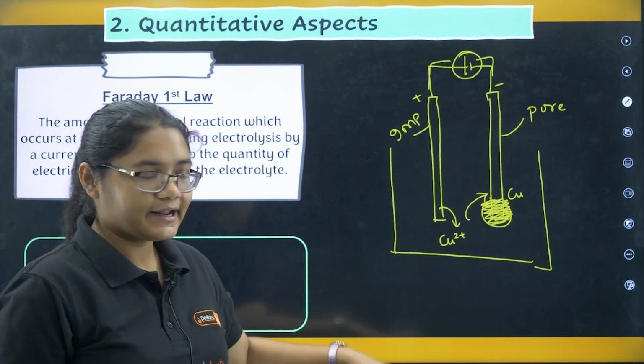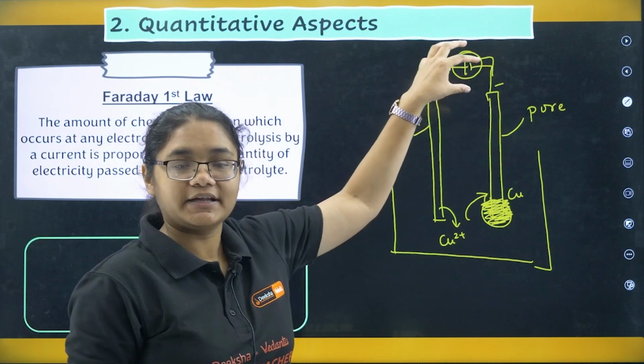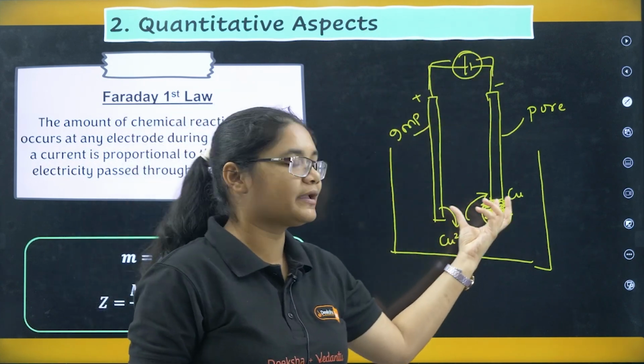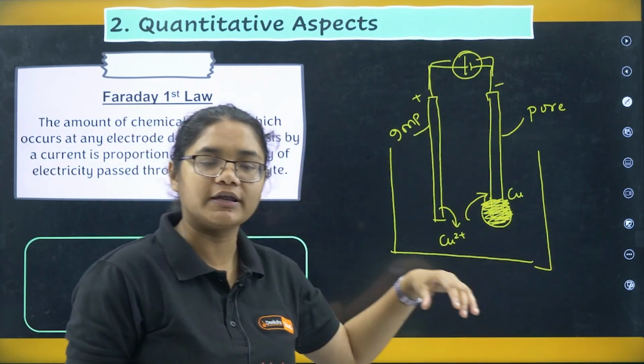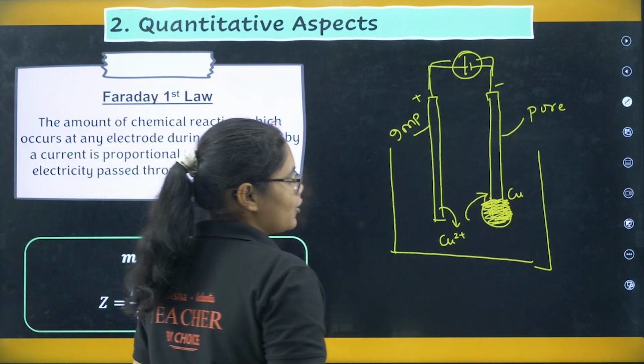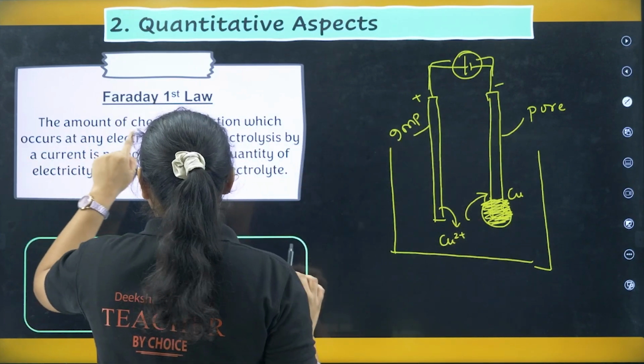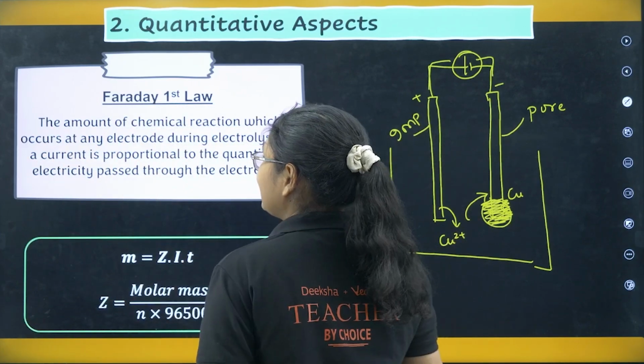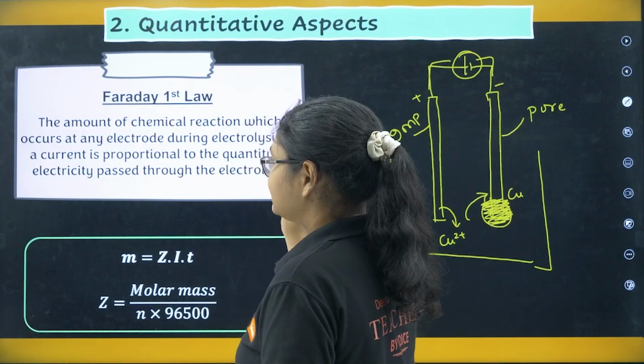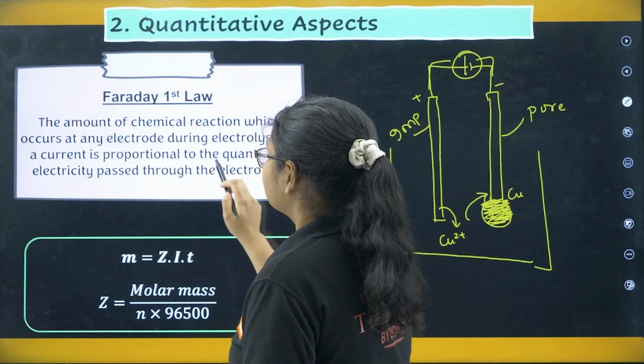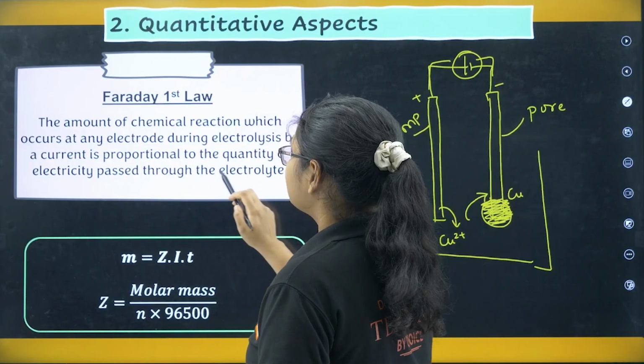Understanding how much current and electricity has to be passed to get a certain amount of mass. According to Faraday's first law, the amount of chemical reaction which occurs at any electrolyte during electrolysis by a current is proportional to the electricity passed through the electrolyte.